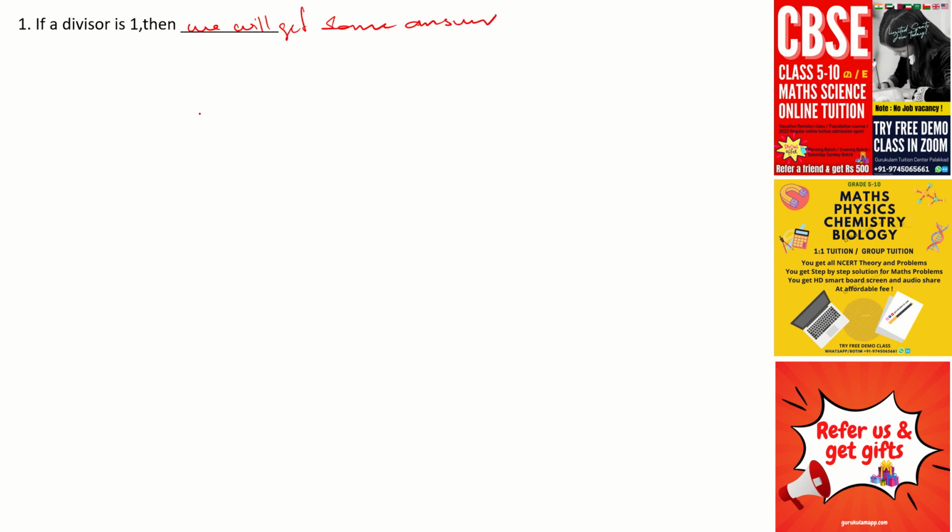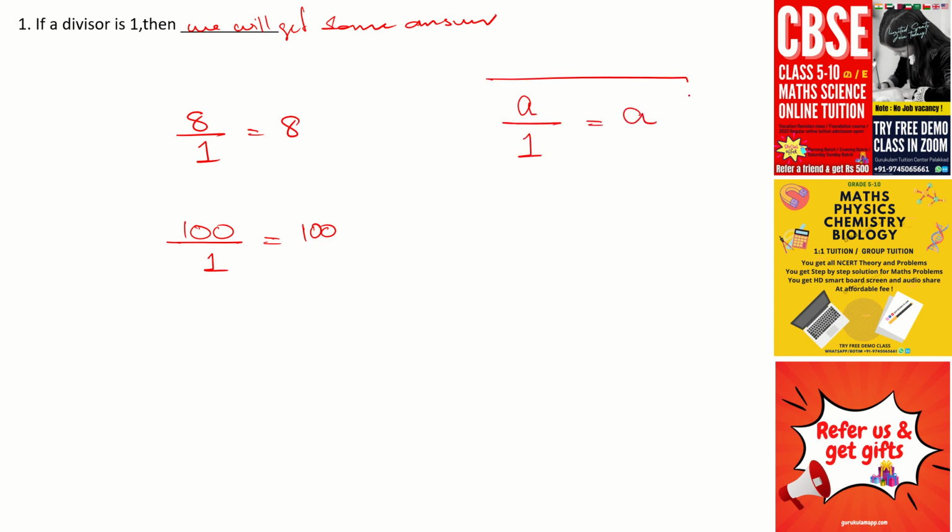If you are telling 8 divided by 1, we are getting 8, right? Or maybe 100 divided by 1, we'll be getting what? We'll be getting 100 only. So the general format is what? A divided by 1, we'll be always getting what? A. So keep this in your mind.